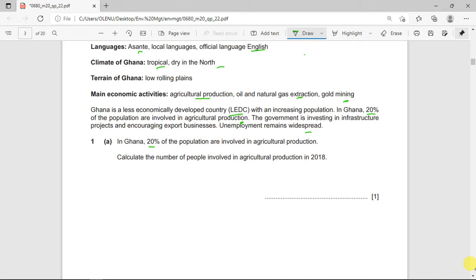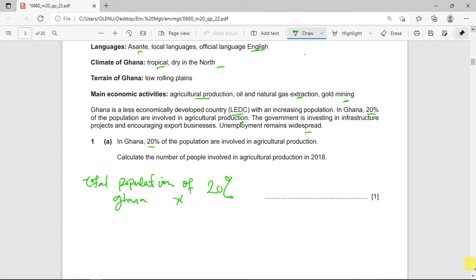They say 20% of the population are involved in agricultural production, so you should calculate the number of people involved in agricultural production in Ghana in 2018. It will be the total population of Ghana multiplied by 20%.